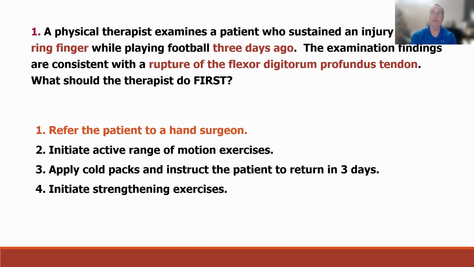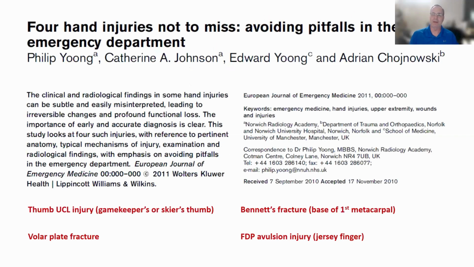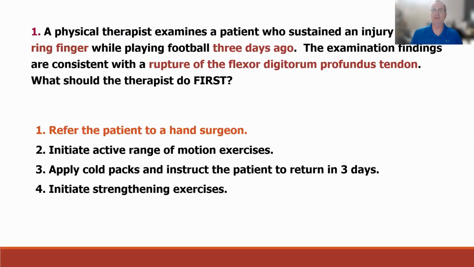This is something that we would want to get taken care of in a timely manner. Shannon, you're asking about, wouldn't you want to do active range of motion first? I'm a little bit confused. No, in terms of the examination findings, if we identify the fact that the person has a rupture of this flexor digitorum profundus tendon, then we're going to go ahead and refer them to a hand surgeon.